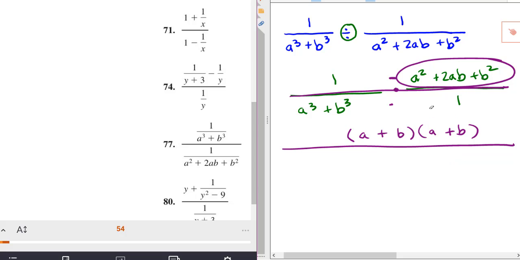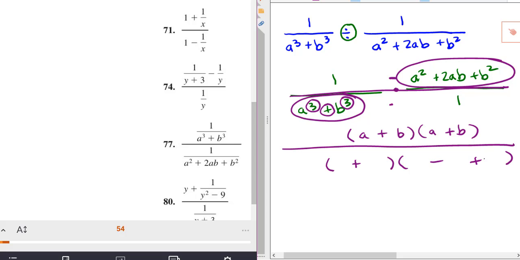Okay, now, A students, you ready? Who's this? Right, so you have two terms, and you have three terms. What's the sign pattern? Plus, minus, plus.